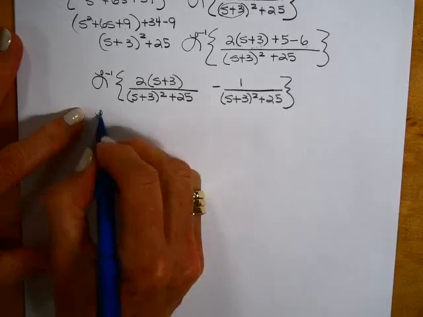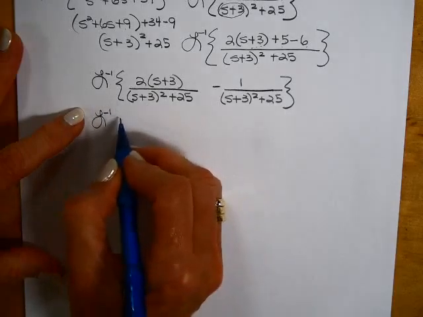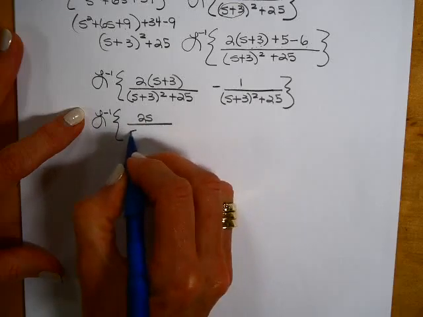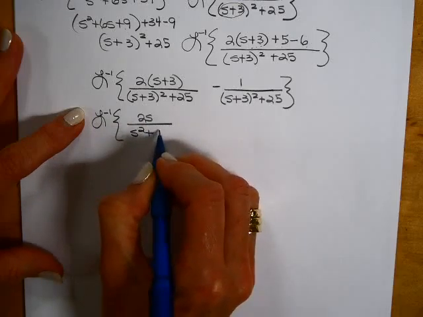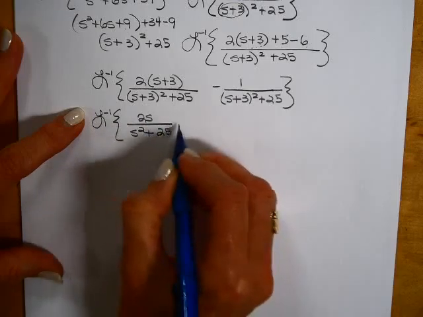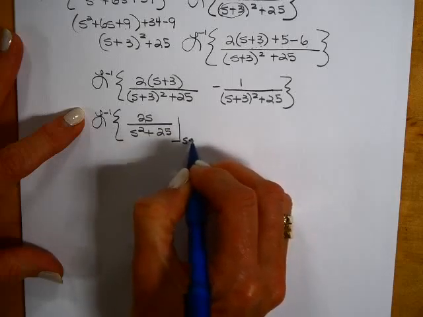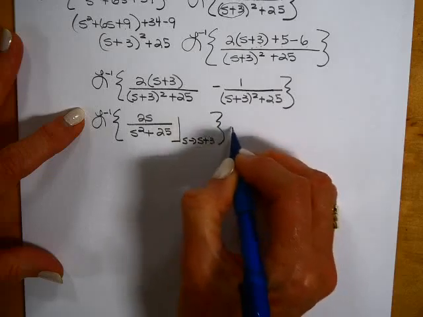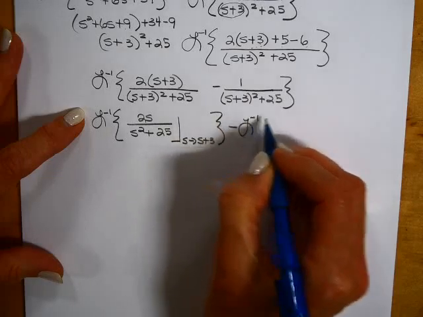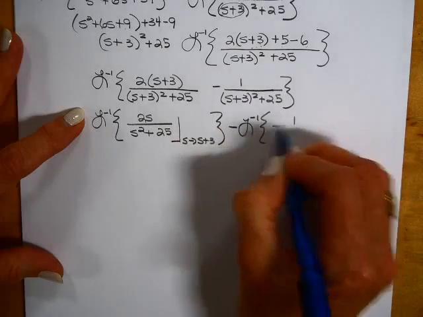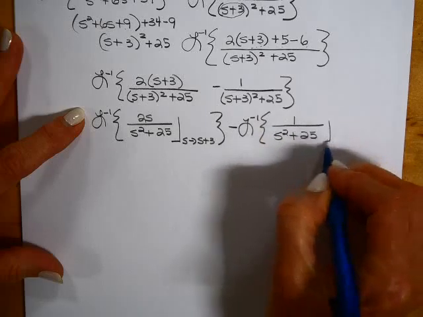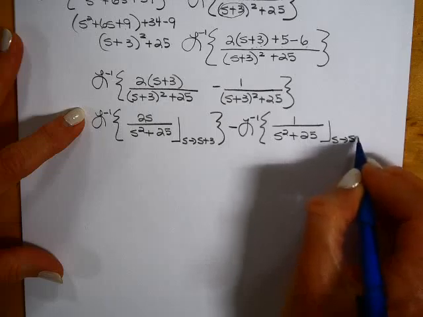This one is the inverse Laplace transform of 2s over s squared plus 25, and you shifted s to s plus 3, minus this one, which is 1 over s squared plus 25, where you shift s to s plus 3.